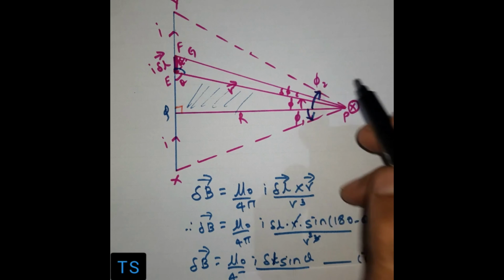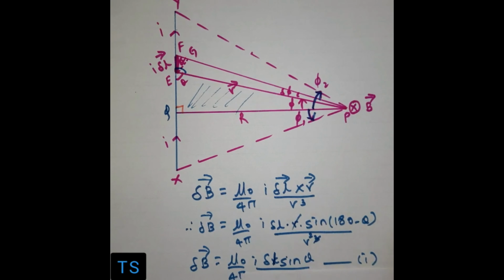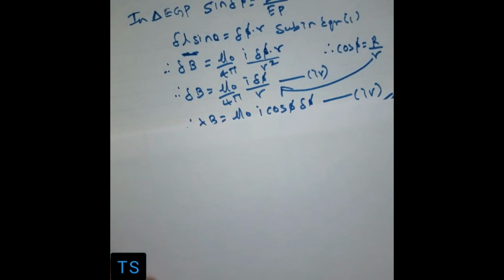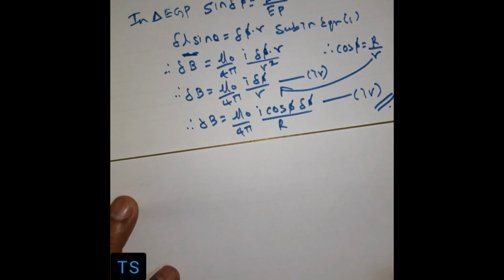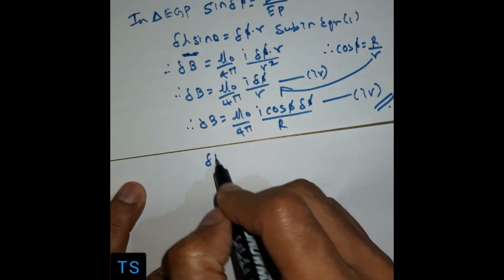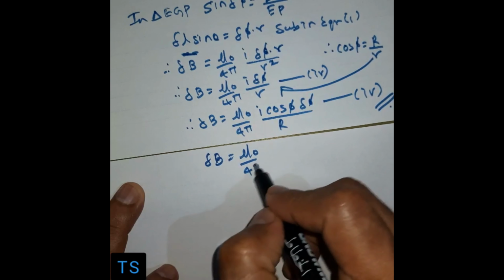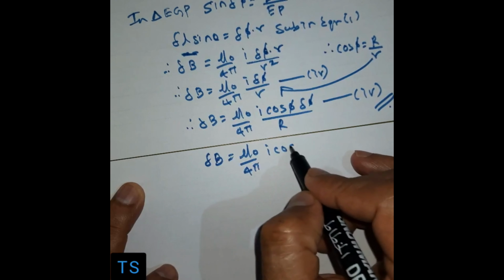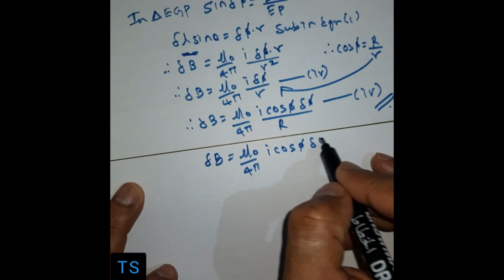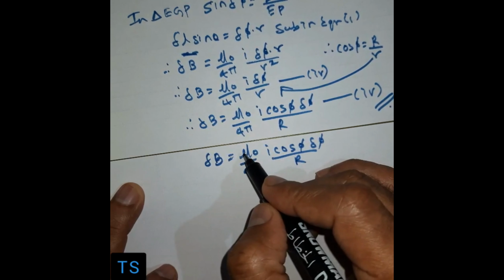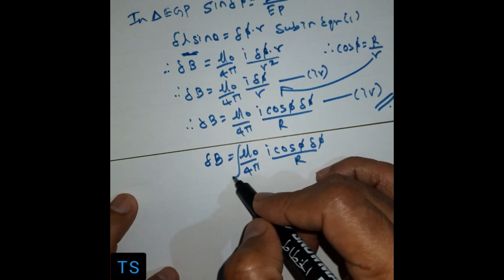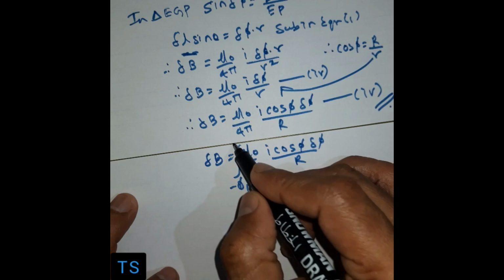So phi 1 and phi 2, two angles we get. If I simplify this, I get delta B equals mu naught by 4 pi I cos phi delta phi upon R, and my limits will be from minus phi 1 to phi 2.